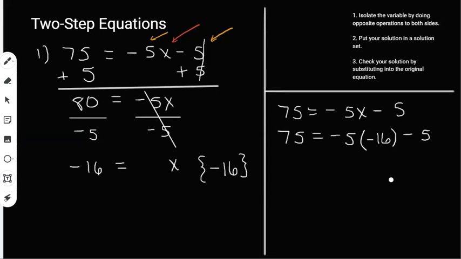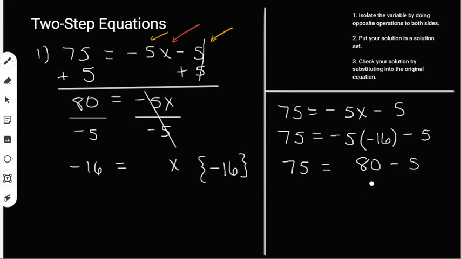So now I'm going to follow order of operations on the right side. I need to simplify the right side. So negative 5 times negative 16 is going to give me 80. And I bring down my minus 5. Over here on the left side, I have 75. And now the only thing left to do is subtract the 5 from the 80.